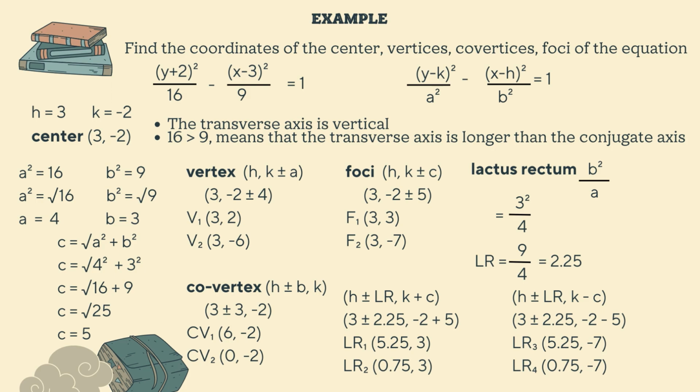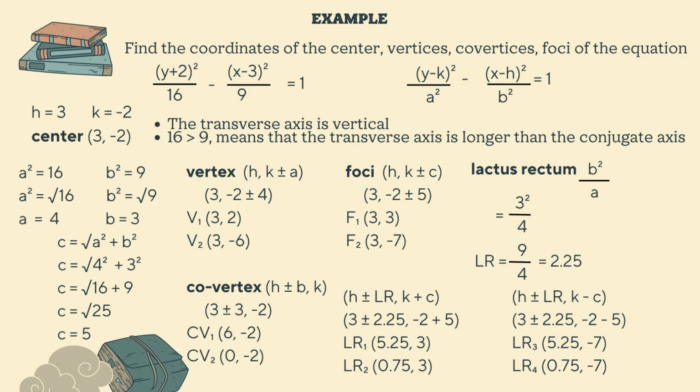And now let's solve for a, b, and c. For a, we have a squared is equal to 16. And to find the value of a, we will square root 16, so we can cancel the square in the a. So the square root of 16 is equal to 4. So our value for a is 4. For b, we have b squared is equal to 9, and the square root of 9 is 3, and that is our value for b.